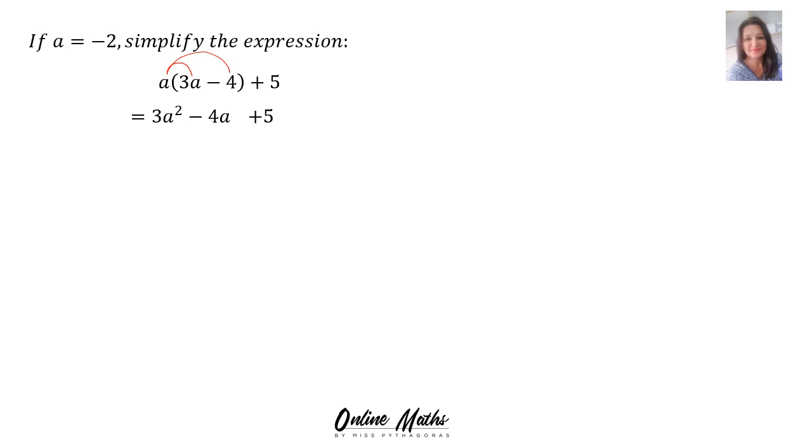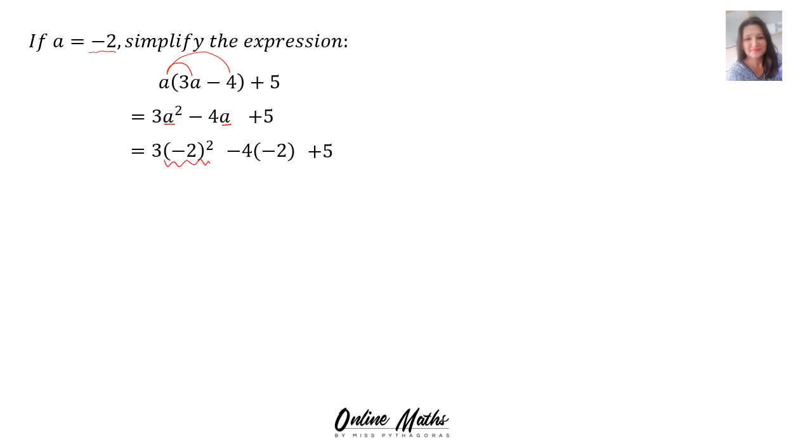Now we can move on to the substitution. So a's value is negative 2, so that means everywhere where you see an a, you will substitute negative 2. And you will use brackets. So it becomes 3 (negative 2) squared minus 4 (negative 2) plus 5. And then here you must be very careful.